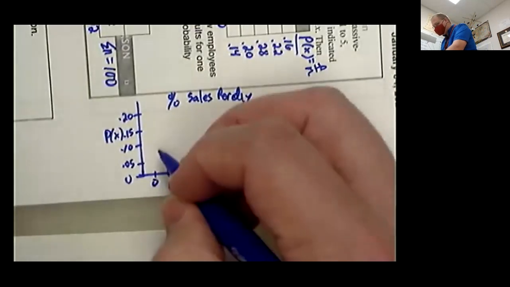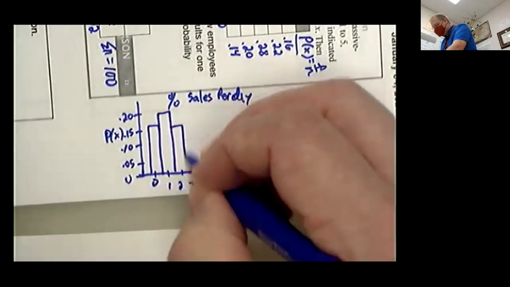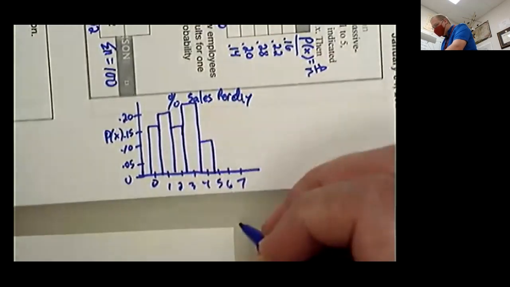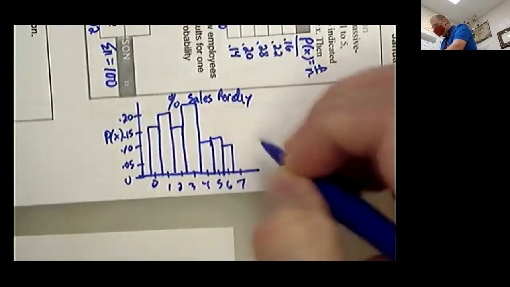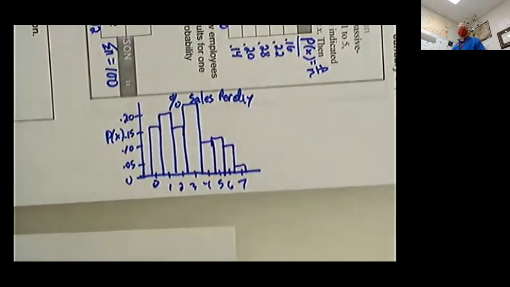So 0 is 0.16. 1 is 0.19. 2 is 0.15. 3 is 0.21. 4 is 0.09, 5 is 0.10, 6 is 0.08, 7 is 0.02. So again, there's our frequency distribution for our discrete probability distribution. A lot of fancy words there. Still making a bar graph.